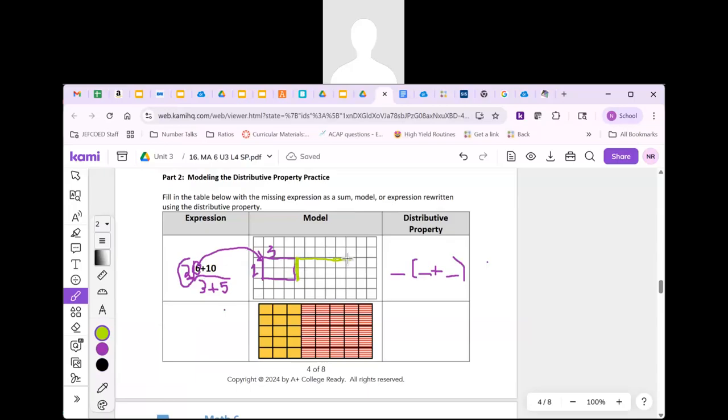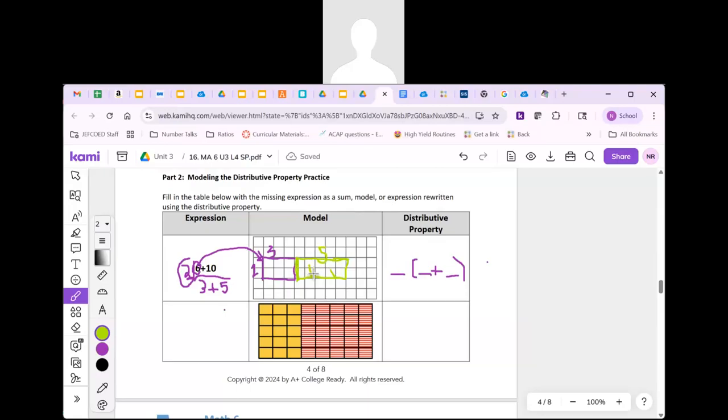Now if I complete my rectangle, I'm going to put a 5 up here. I should have 2 times 5, 10. 1, 2, 3, 4, 5, 6, 7, 8, 9, 10.